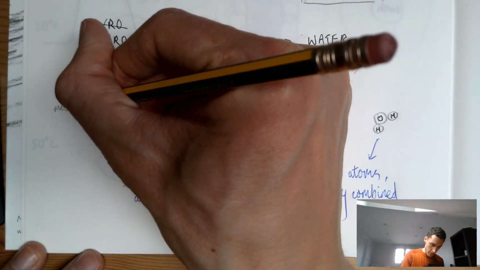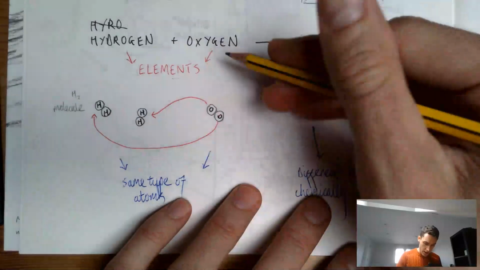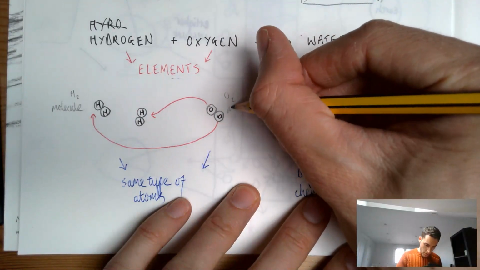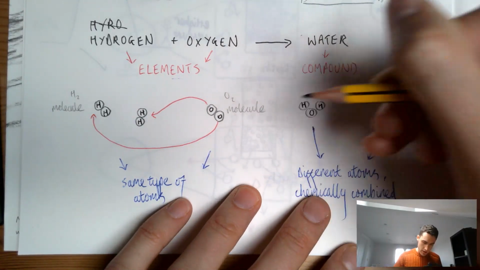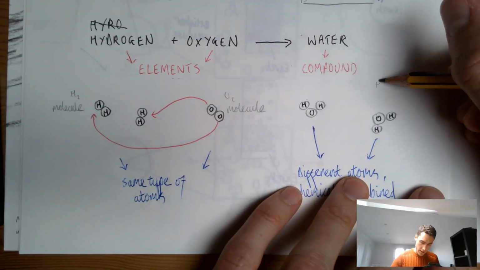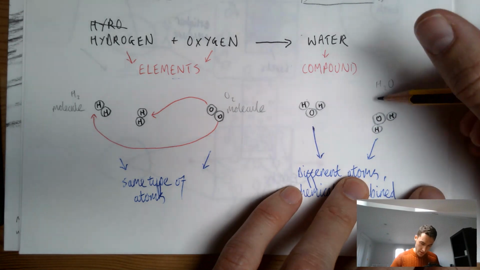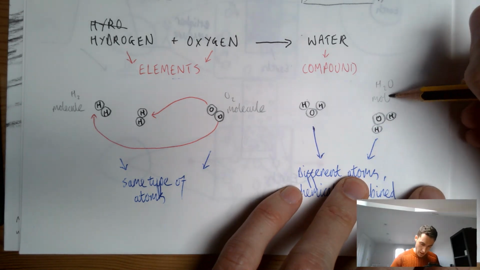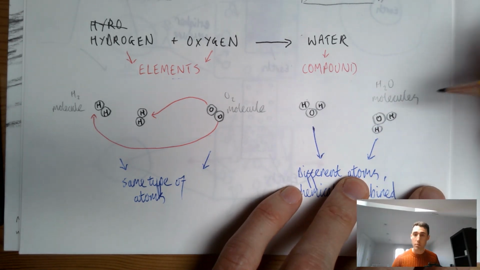Again, I'm really just trying to reinforce the language. This would be an O2 molecule. And these would be H2O molecules. And again, you can then reinforce that idea of the difference between elements and compounds by comparing the composition of those molecules.